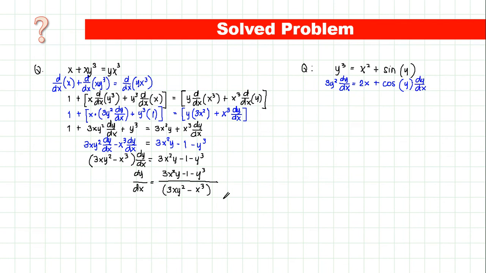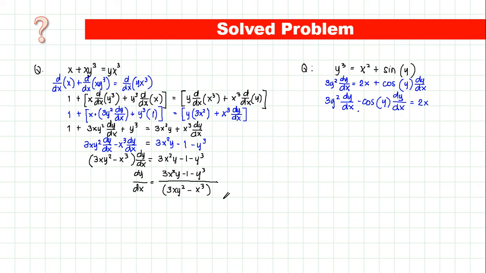O, di ba? So, ngayon, pagsamahin na natin yung mga dy dx sa isang side tapos yung walang dy dx, stay put lang sila. So, in this case, we have 3y squared times dy dx minus cosine of y times dy dx is equal to 2x.